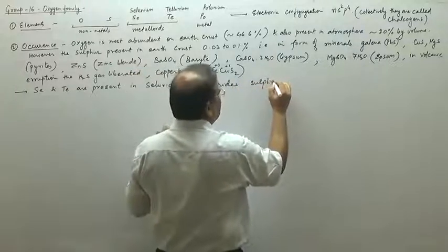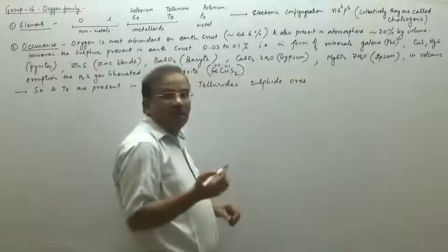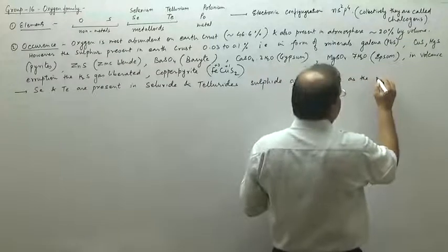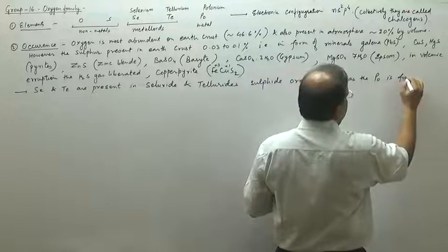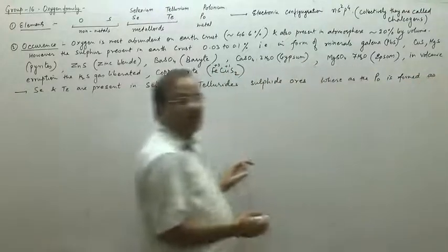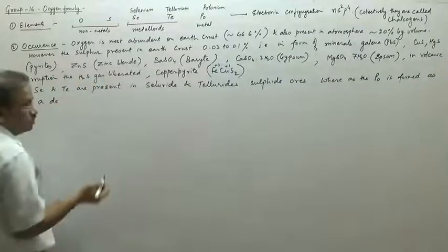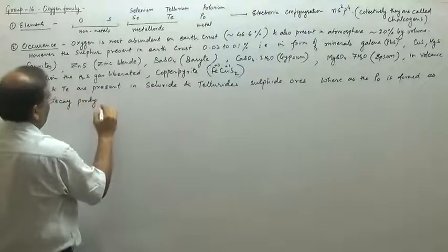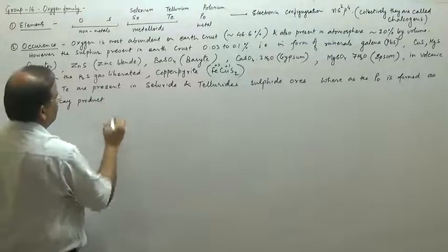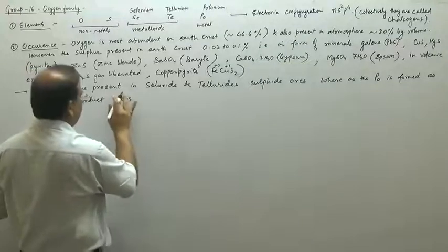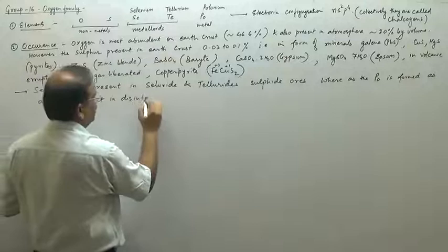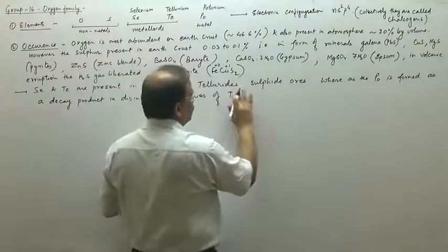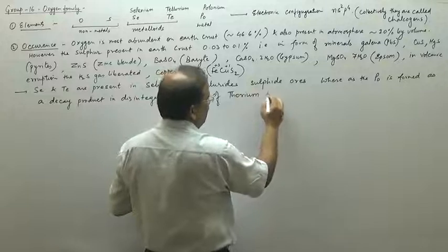They are in the form of sulfide ores, whereas the polonium is formed as a decay product in the disintegration series of thorium and uranium.